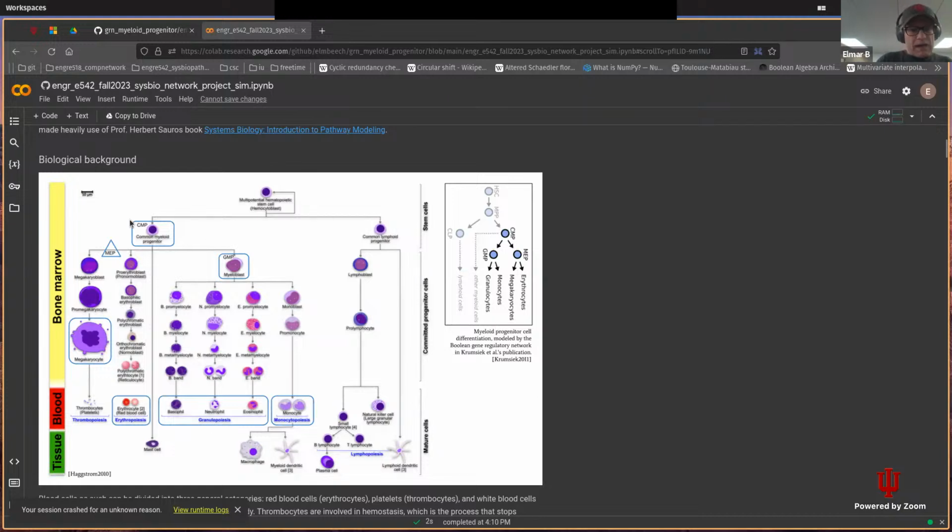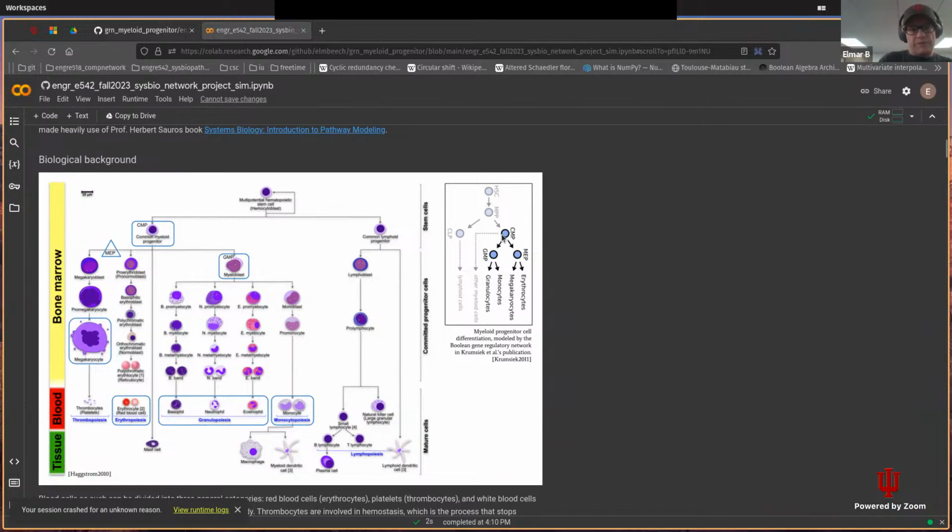And what I highlighted here with these blue boxes are the major attractors in our system, the steady state points that our cell differentiation can reach. They are also highlighted here. This is from the paper.